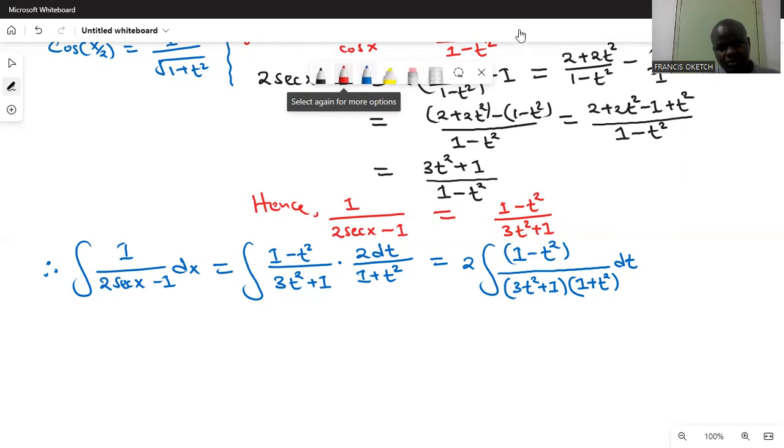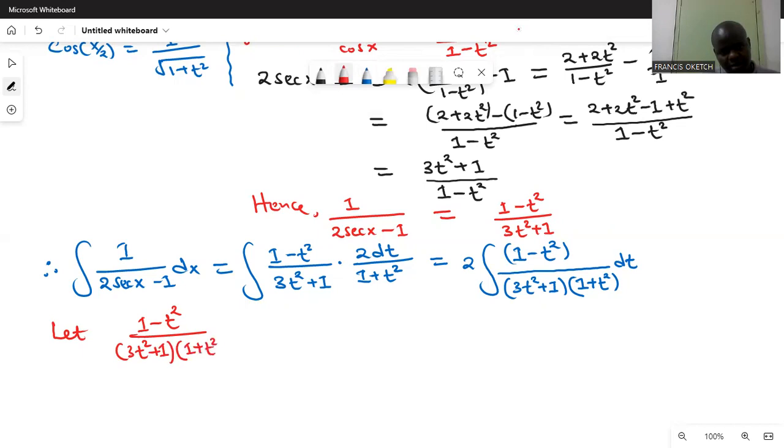To do that, you're going to say let 1 minus t squared over 3t squared plus 1 times 1 plus t squared be equal to a times t plus b over 3t squared plus 1.